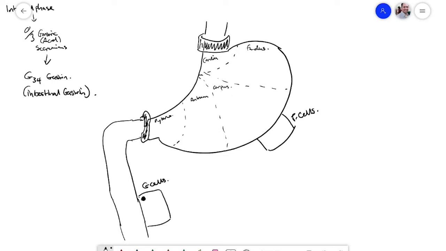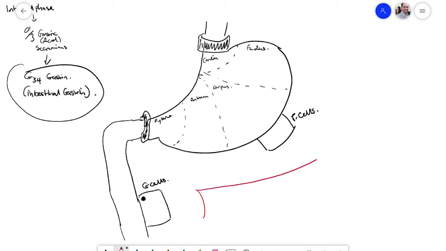But don't forget, these are, handy that I've left this here, G34 gastrin. Now, the G cells we were talking about previously, we were talking about G17 gastrin. I'm not really saying that they do an awful lot different in this particular thing, but we'll talk about it. Let's put a blood supply in, like this.